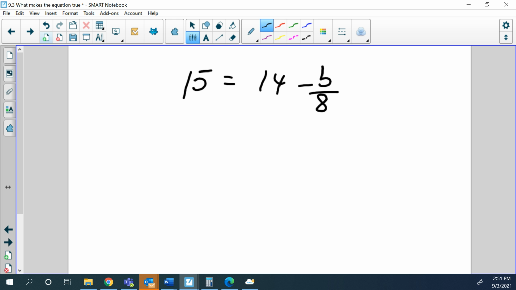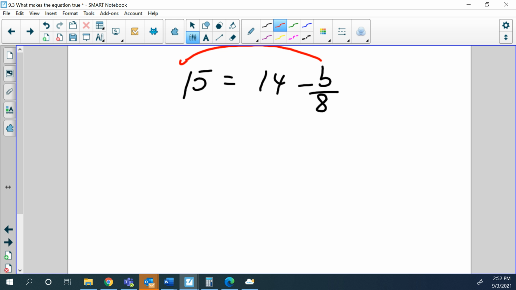So I want my variable on the left side. It needs to be over here. Again, it's the same operation. All right. Just remember, it's a fraction, but don't let that rattle you. So this is a negative b over 8.